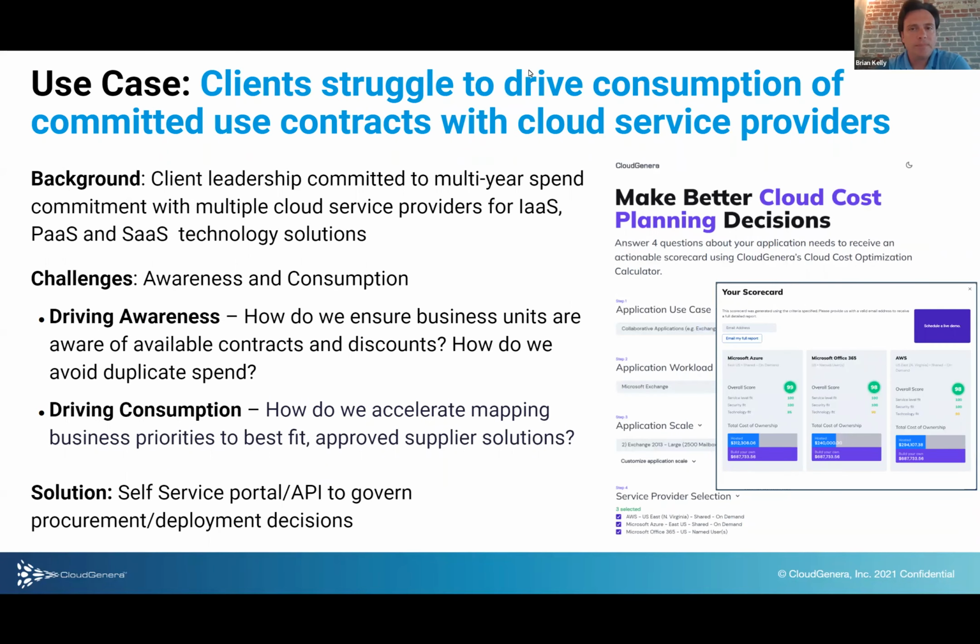Digging a little bit deeper, clients are struggling to drive consumption of committed use contracts with their cloud service providers. Their leadership frequently will commit to multi-year spend with multiple providers.